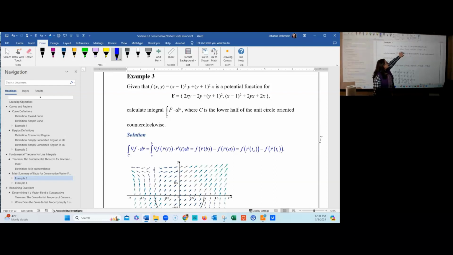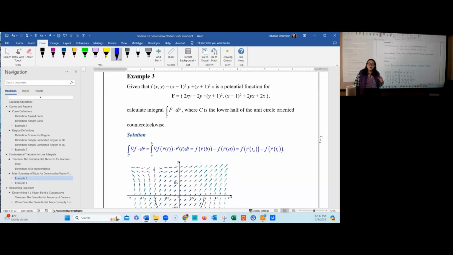The vector field is given by 2xy minus 2y plus (y plus 1) squared for the first component, and (x minus 1) squared plus 2yx plus 2x for the second component. We want to calculate the vector line integral of F dot dr, where dr is the vector differential, where C is the lower half of the unit circle oriented counterclockwise.